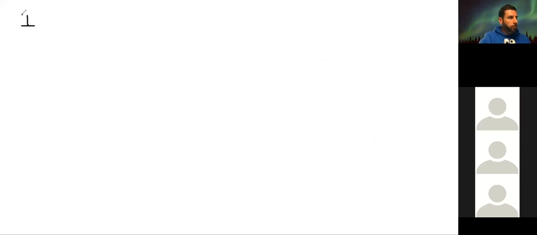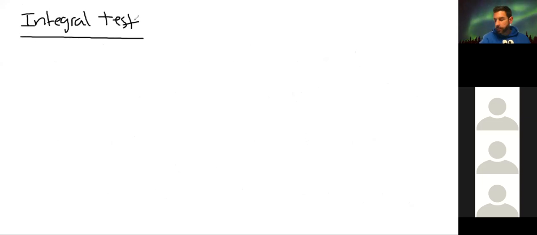So here's the integral test. You now have two tests, the divergence test and the integral test. Once again, if we're going to study a series and we want to use an integral, we're going to need some sort of corresponding function. We've seen this a few times before.